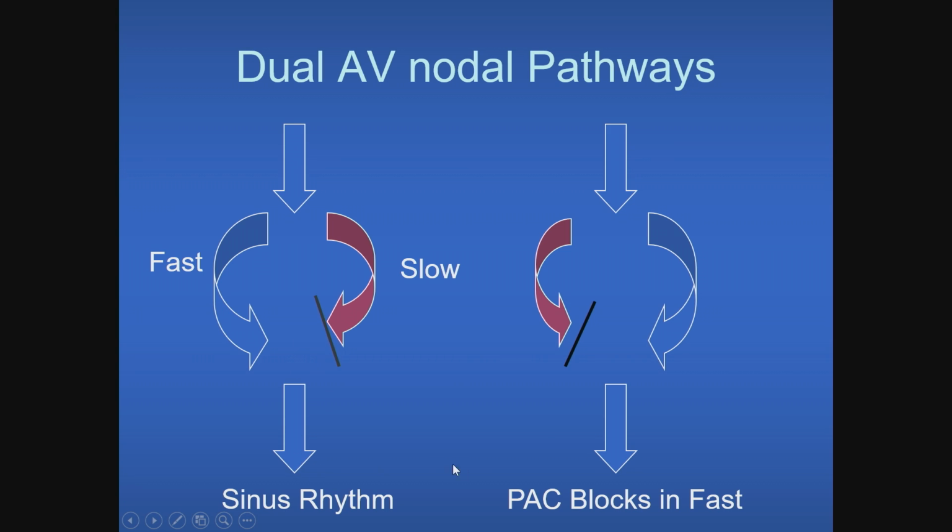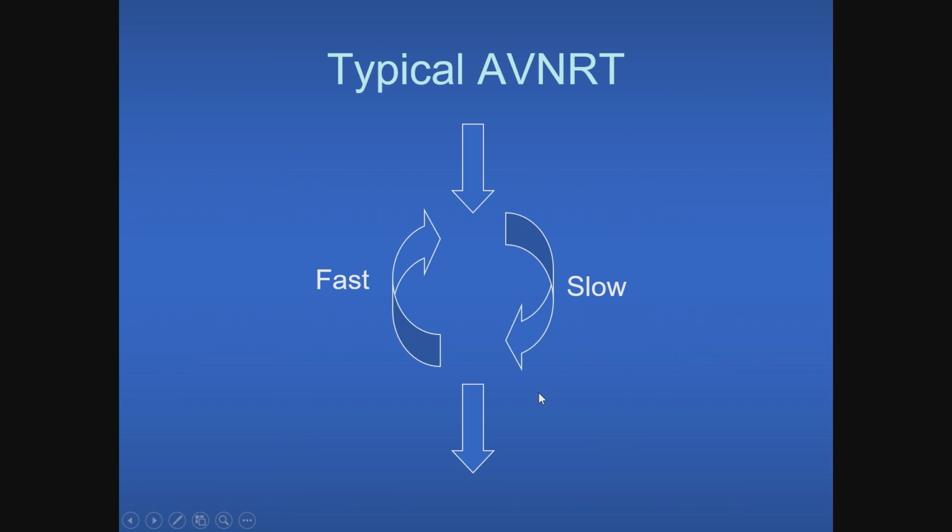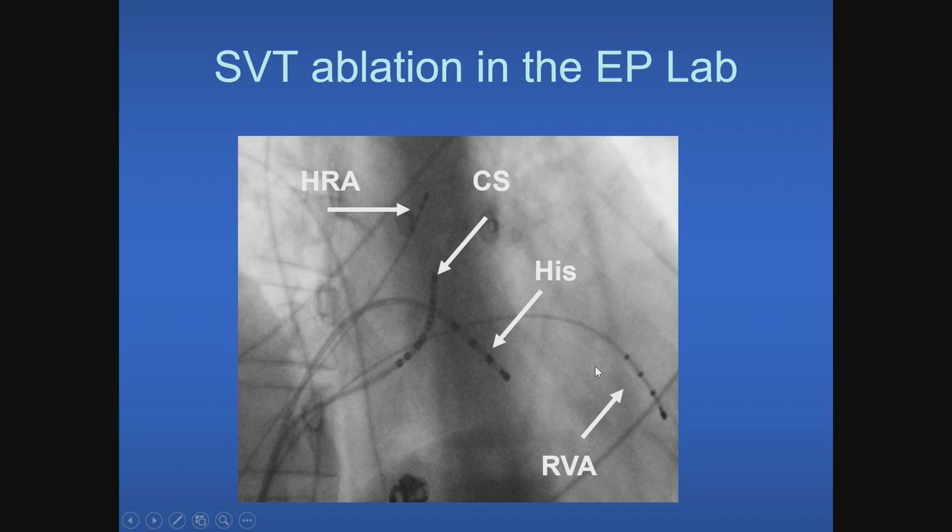In the typical situation, when there's a premature atrial contraction, it often blocks in the fast pathway and conducts slowly down the slow pathway and propagates down to the ventricles. If the fast pathway has recovered by the time the slow pathway conducts down, you can get a circuit that forms, and that creates typical AV node reentrant tachycardia.